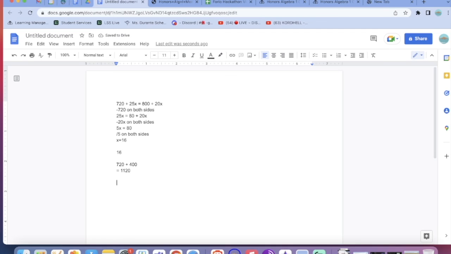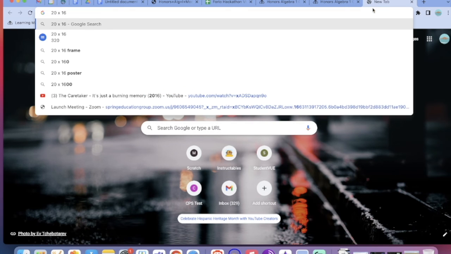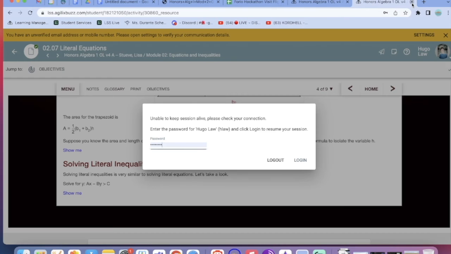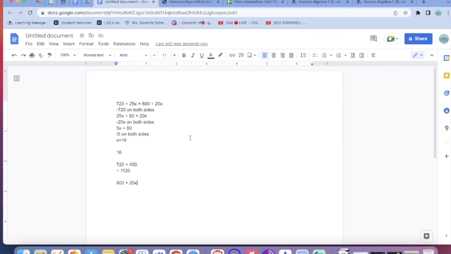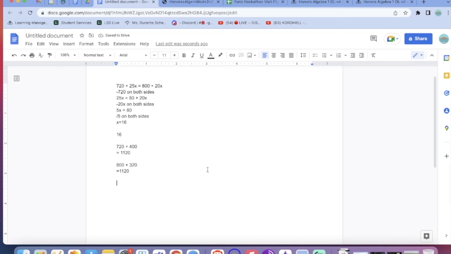Let's do the same thing here. 800 plus 20x, so 20 times 16 is 320, and that also equals 1,120. So the number of hours by which both moving companies are equal is 16 hours.